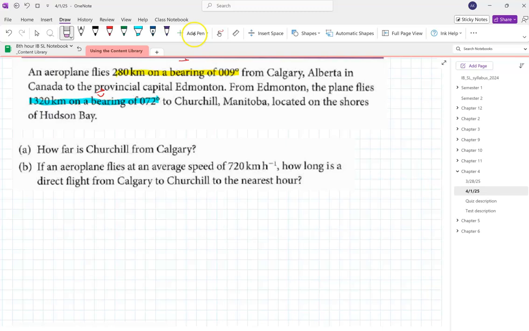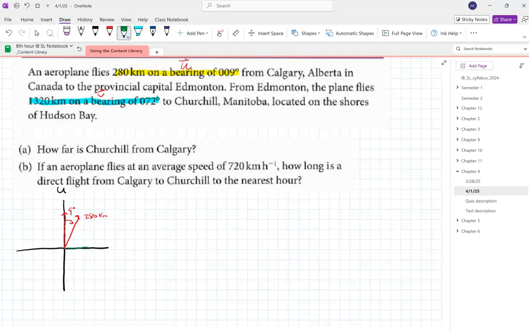I'm going to call them U and V. I'm going to draw a picture for U. If I'm doing bearing, I know my bearing starts at the north line, and then we go clockwise 9 degrees. Everybody okay there? And the length of that vector is the 280 kilometers.